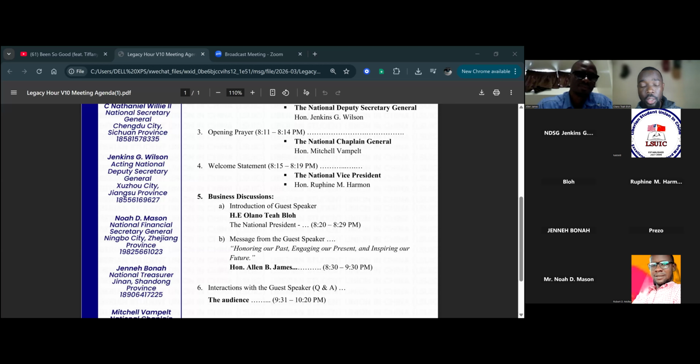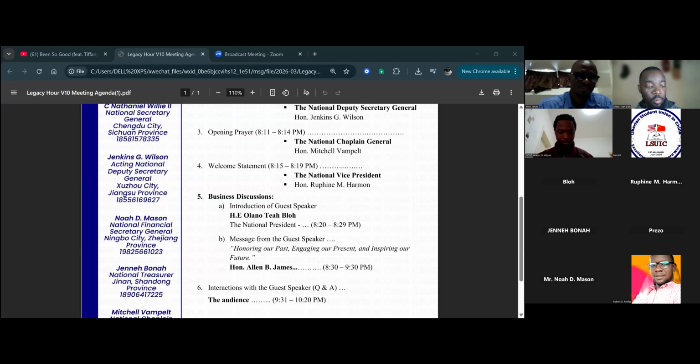And then his leadership also had a good working relationship with stakeholders like LATS, which is part of the Ministry of Education, the National Legislature, especially the House Committee on Education, and the Liberian community here in China, as well as the embassy.